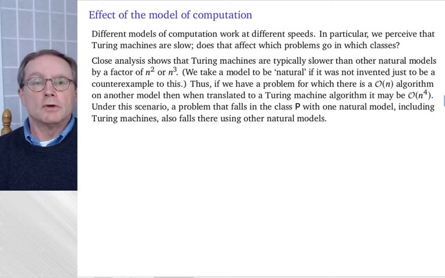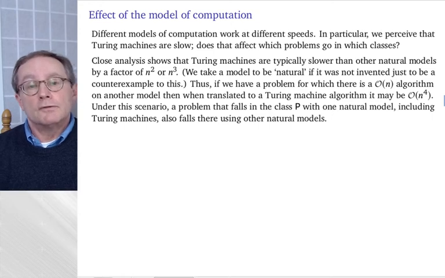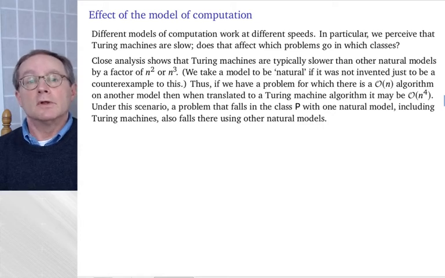So if you have an algorithm that is big O of n on another model, maybe on a Turing machine it's big O of n to the fourth. So in that sense, Turing machines are slow. But they're all still in P. So a problem that falls in P with, say, the RAM model, the random access machines, is still in P if Turing machines are your preferred model. So the model of computation is not causing trouble for the definition of P.